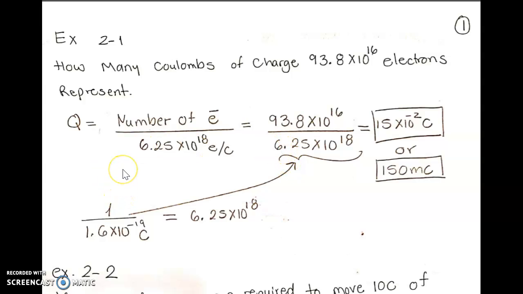If we go back to our PowerPoint presentations, we saw that the charge was defined as 1 electron over the charge of an electron. So that's how we get this number over here. If we divide it, we get 15 times 10 to the negative 2 coulombs, or we can write it in engineering prefixes as 150 millicoulombs.